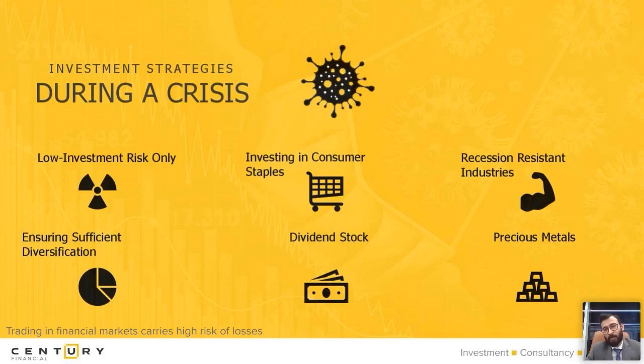Okay, so the correct answer is Amazon does not pay any dividends. They just don't pay any dividends. So what they thrive on is very simple. Amazon, if you see, they have never paid dividends.